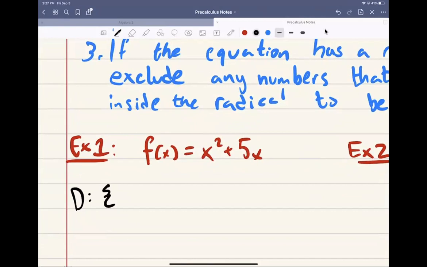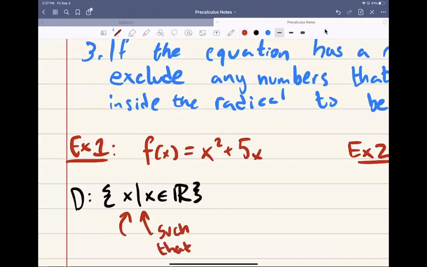You can always just write x such that x is in ℝ. This is called set notation, and it's saying x is some number. If our domain is x, this line here means such that, right? Our variable x is, and this epsilon symbol means inside ℝ, which is all real numbers.